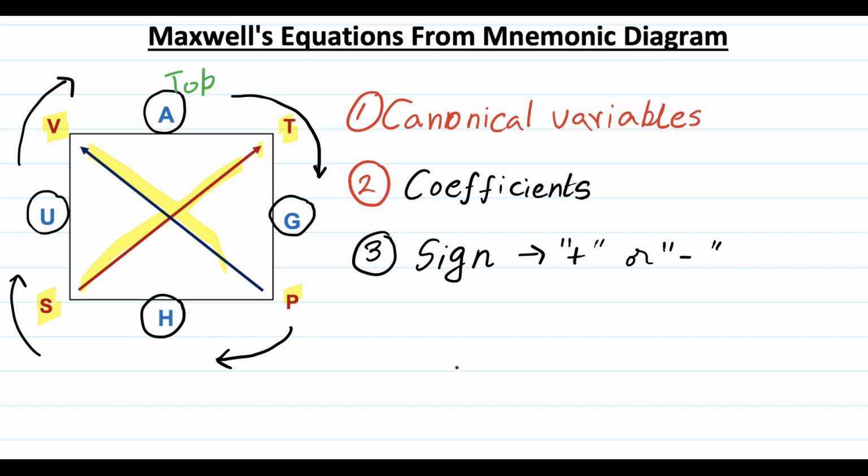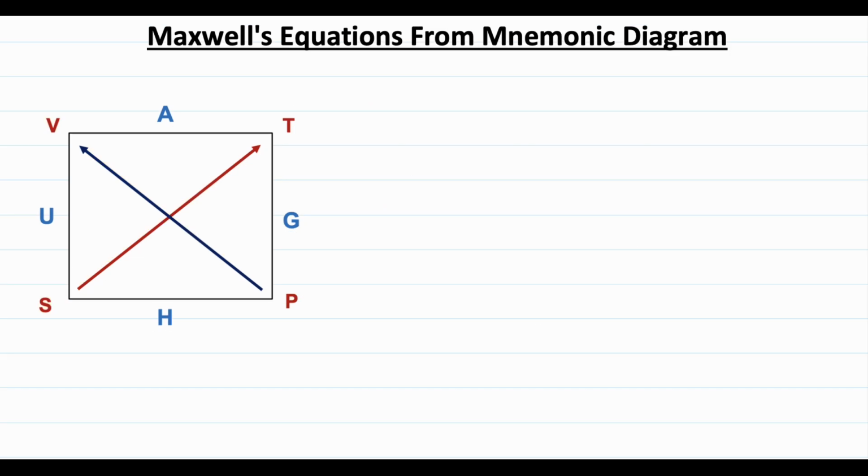For example, if temperature is the coefficient, the diagonal arrow is pointing towards temperature, so we can assign a positive sign. Similarly, if we take entropy on this side, the arrow is pointing away from entropy, so we give a negative sign. Let's see how to write the total differential for internal energy.